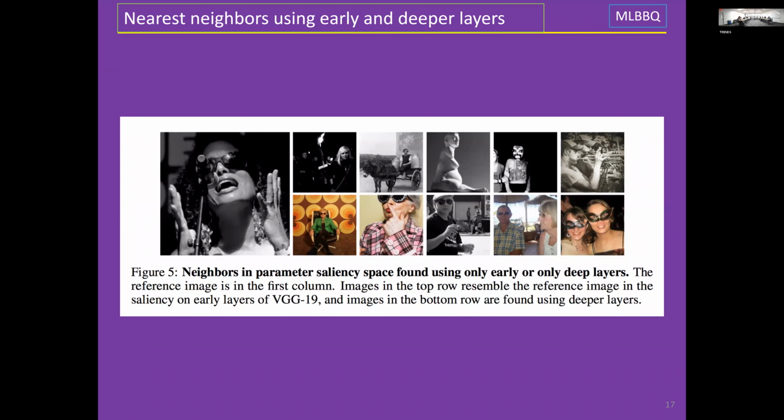For example, in the first row the nearest neighbors are based on early layer filters, and the bottom row nearest neighbors are based on deep layer filters. So they are showing that the early layer nearest neighbors are basically based on color, contrast, histogram, that sort of thing. But the deep layer nearest neighbors are actually based on their semantic similarity with the input.